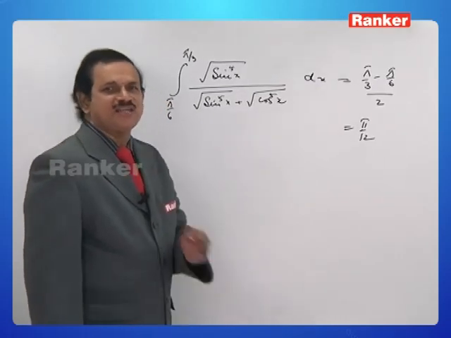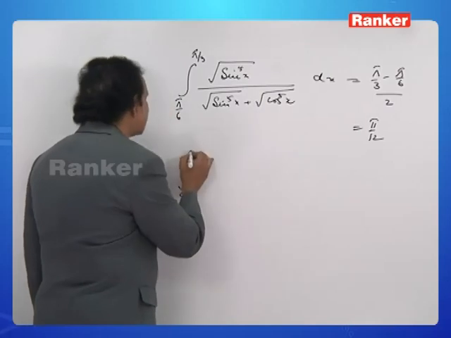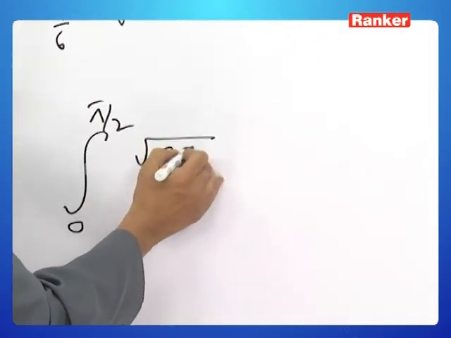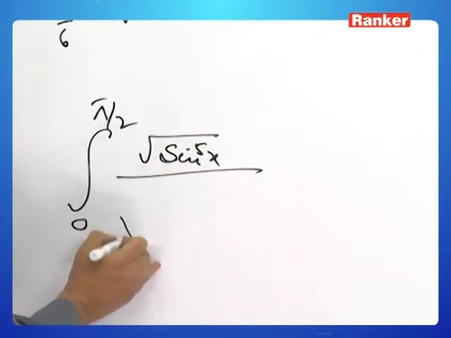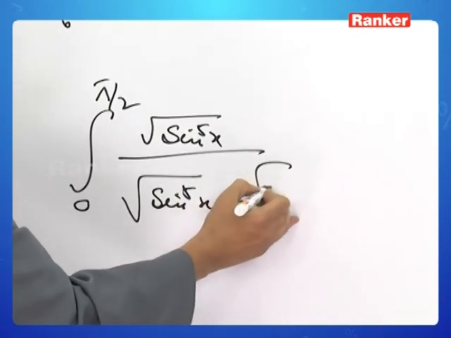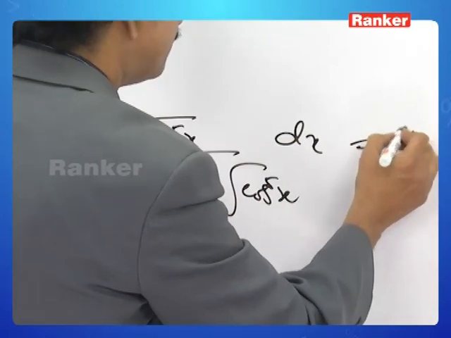Please observe the change in the two problems. If the same problem were asked like this, integral 0 to pi by 2, square root of sine power 5x by square root of sine power 5x plus cos power 5x, it is pi by 4.